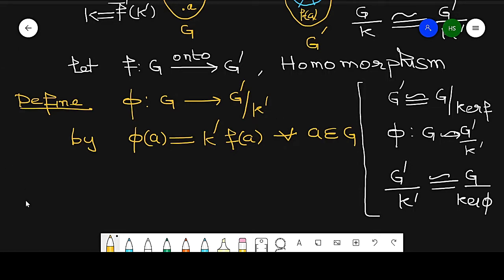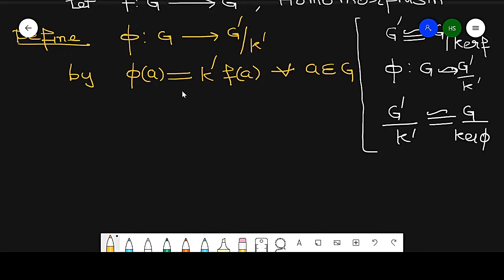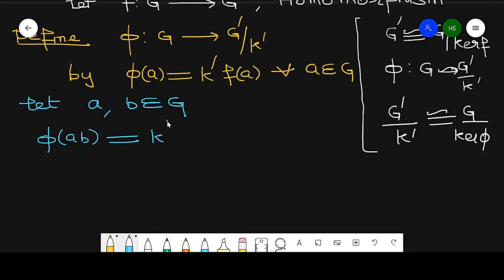Now to apply the fundamental theorem of homomorphism, my aim is to prove that it is a homomorphism and onto. First step, homomorphism. Let a and b be elements of G. Now phi of ab can be written as K dash f of ab.